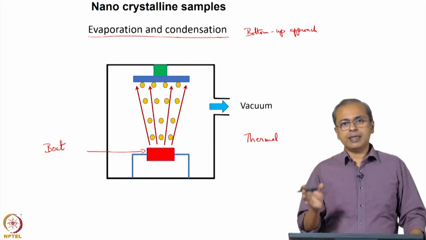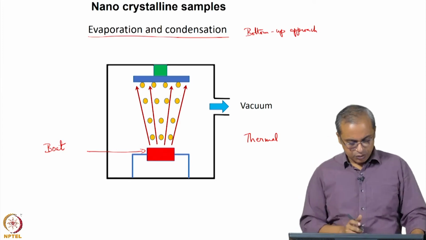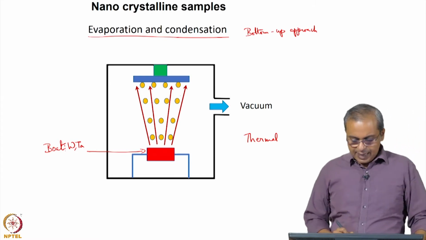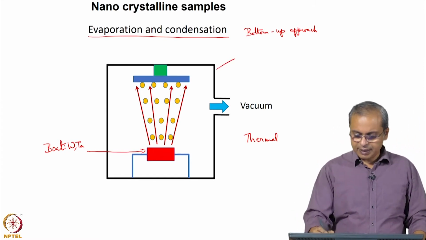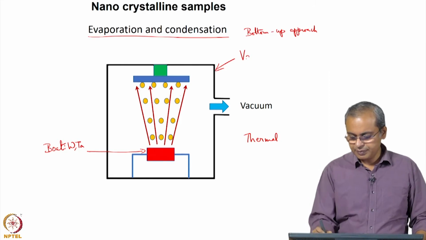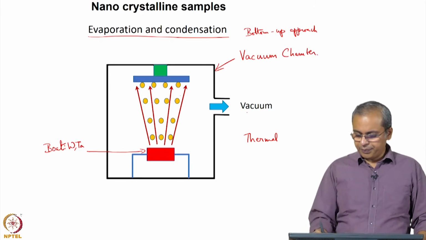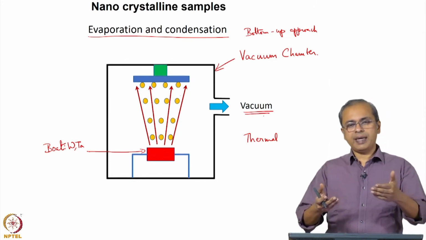It could be tungsten or tantalum, for example, and it is kept in a chamber. So, this is a vacuum chamber. And then you draw vacuum. So, you evacuate the chamber.